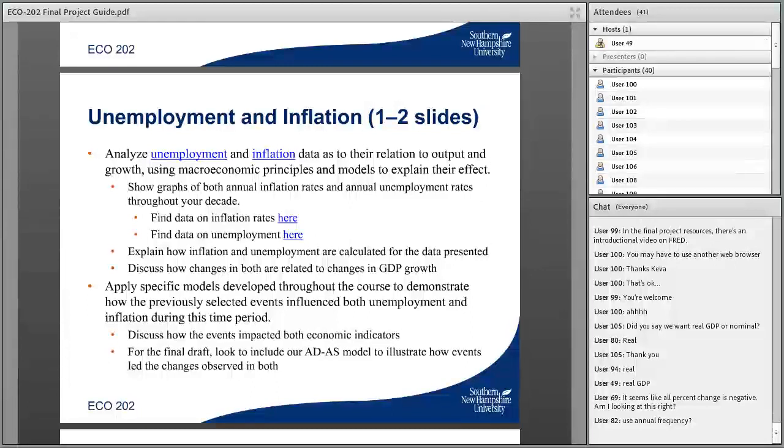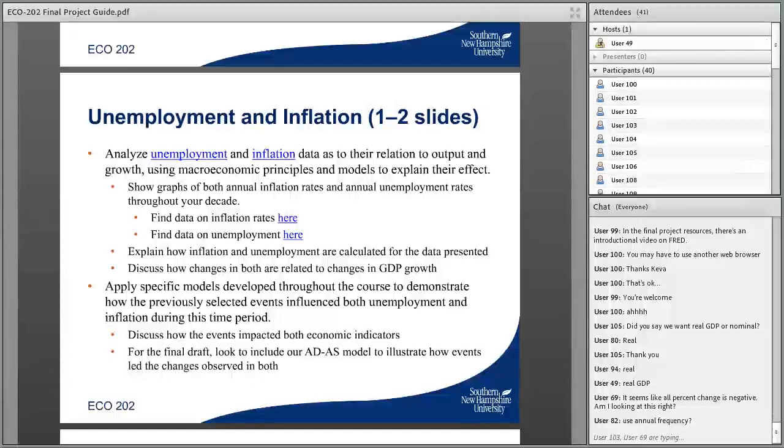Yes, Floyd, sometimes the percentage change might look negative because there's no growth, basically. And so this is how they determine, after there's 2 quarters of negative growth, so you have a negative growth, then they know that the economy is in a recession. Yes, Anna, use annual frequency.